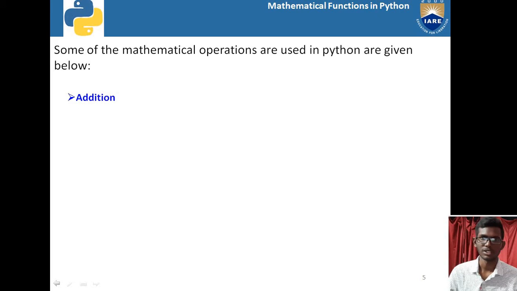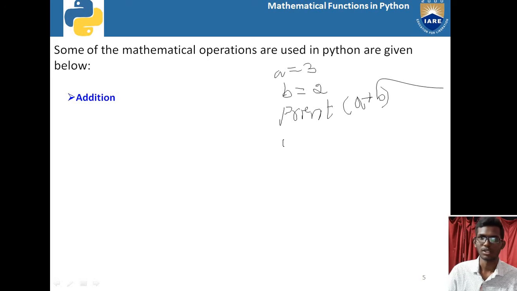Example for addition: a equal to 3, b equal to 2, print a plus b.